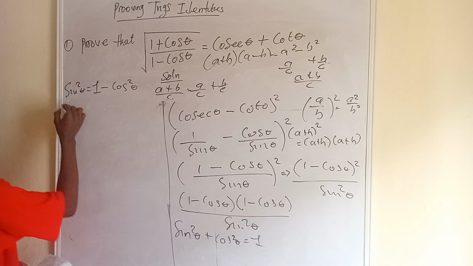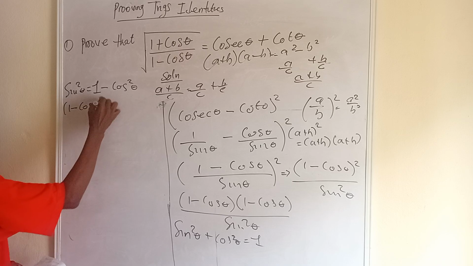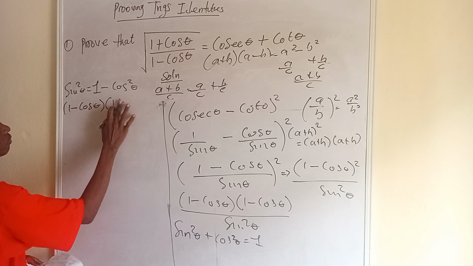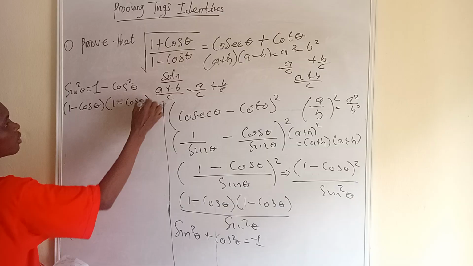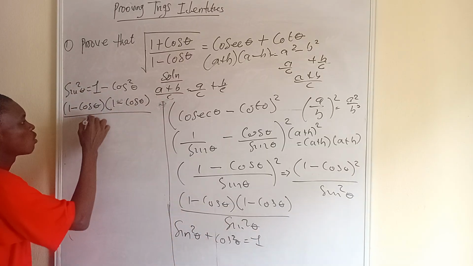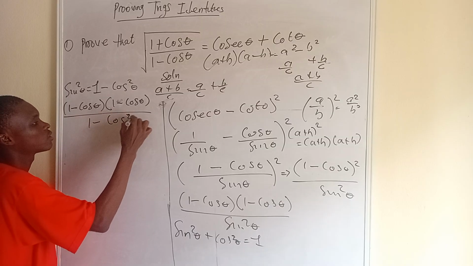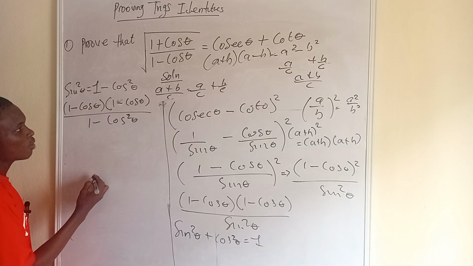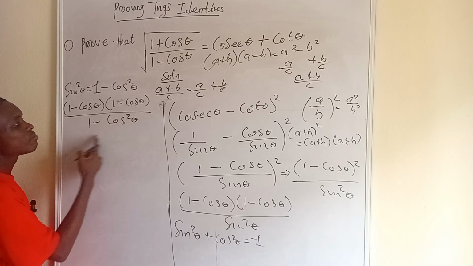So putting this back, we have 1 minus cos theta, 1 minus cos theta, all divided by, wherever we see sine square theta, we put 1 minus cos square theta.